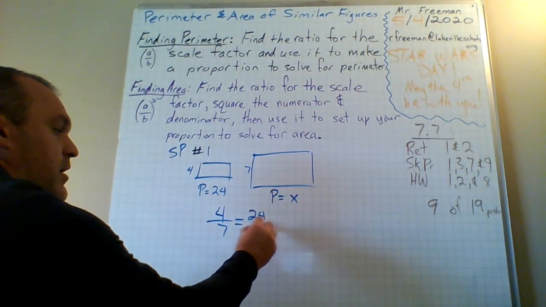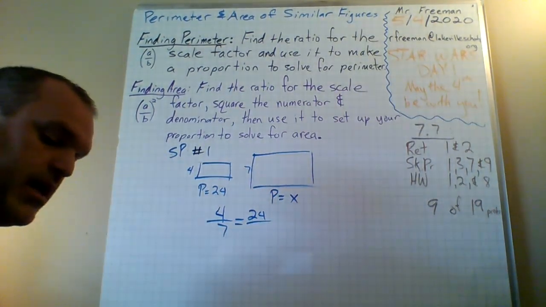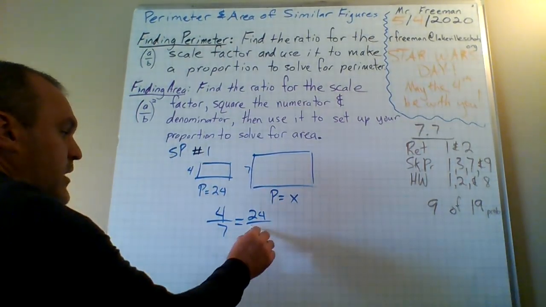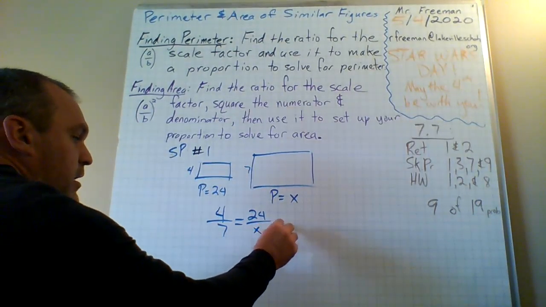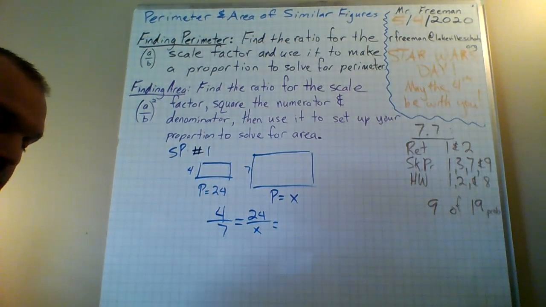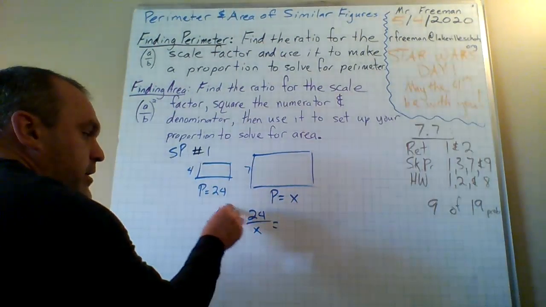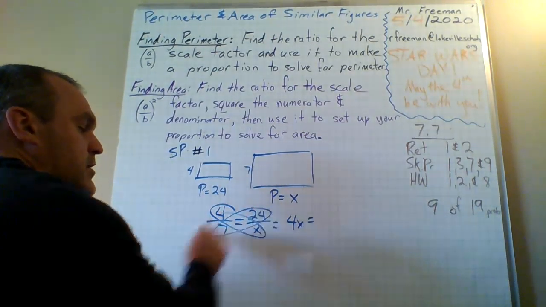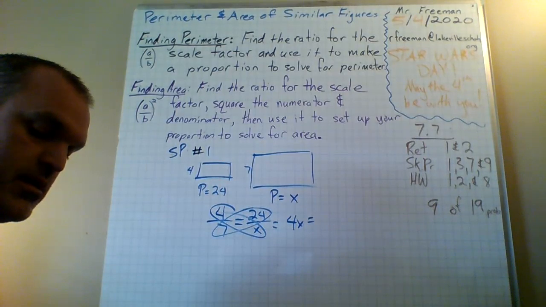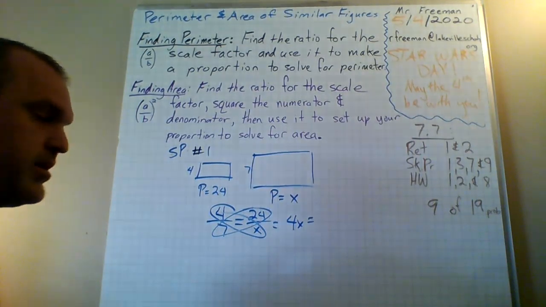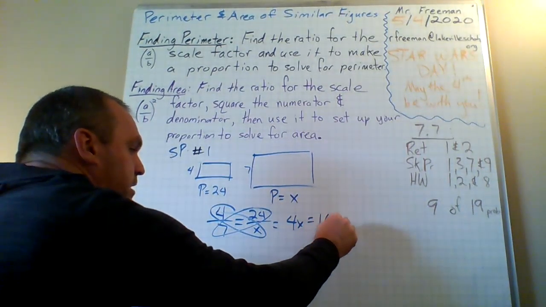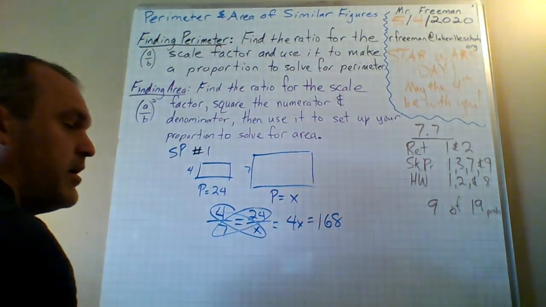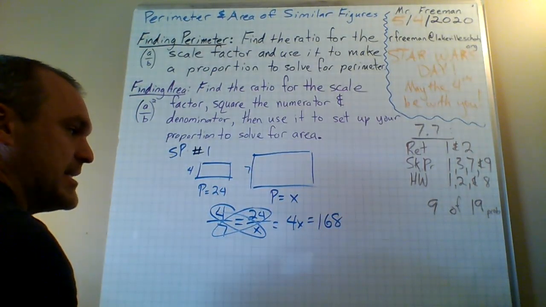This is the 24. Okay, this is where the X would have to be. And if I'm doing this and I cross multiply, I would do 4x equals what 24 times 7 is. And I'm using my calculator as we do this so that I'm continuously checking my work as we go. 4x equals 168.